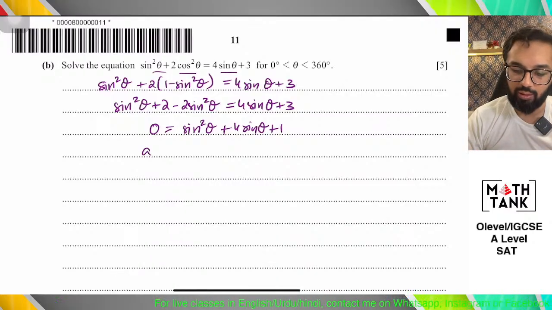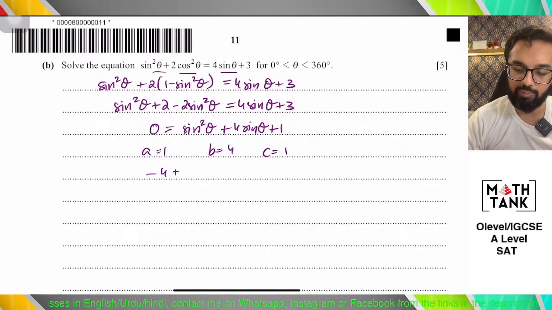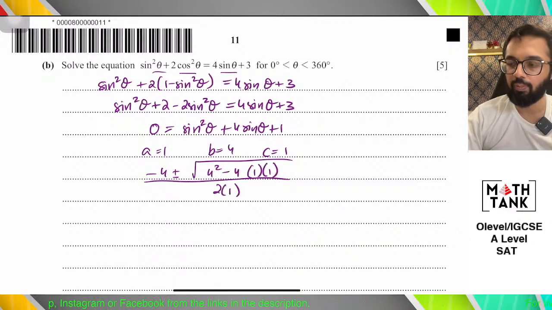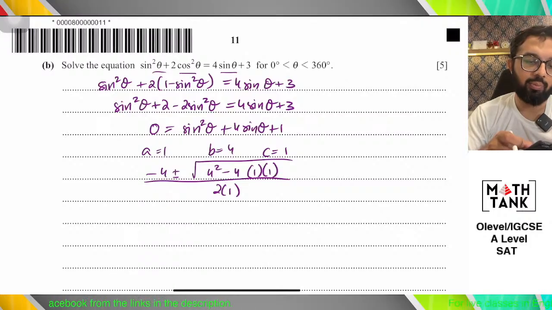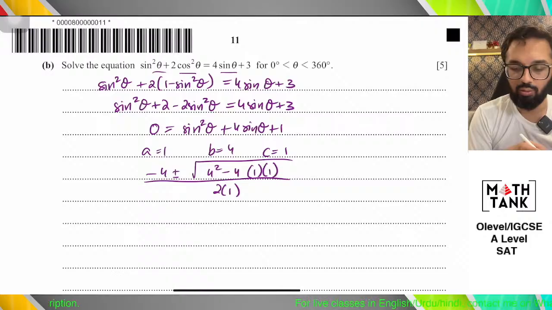Okay, then quadratic is a is 1, b is 4, c is 1. Minus b plus minus root of b square minus 4ac over 2a. That on my calculator: 1, 4, and 1.